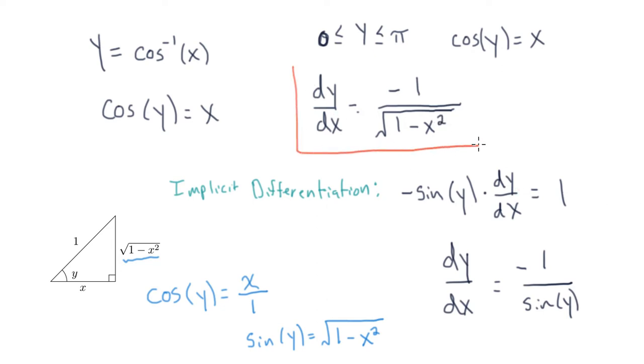It's interesting that you take the derivative of an inverse trig function and you actually get an algebraic function. There are no trig functions here. It's just the square root of a polynomial in the denominator and just 1 in the numerator. So it's really interesting that this happens.